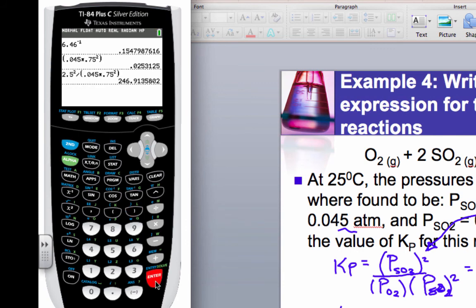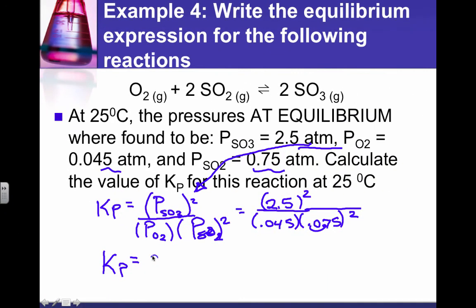There we go, 246.9. How many sig figs do we get? 2 sig figs. So 250 is my equilibrium expression for Kp.